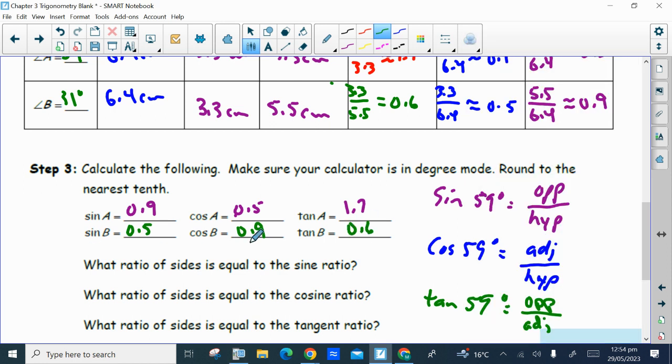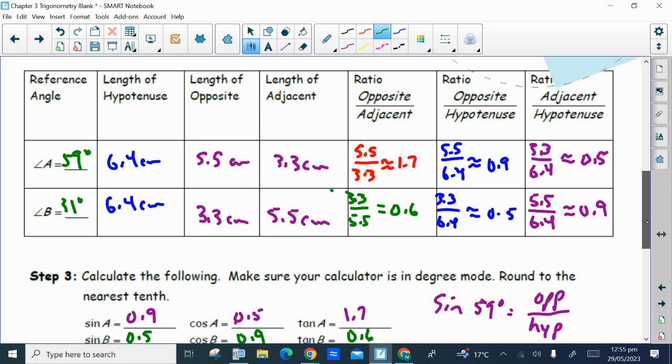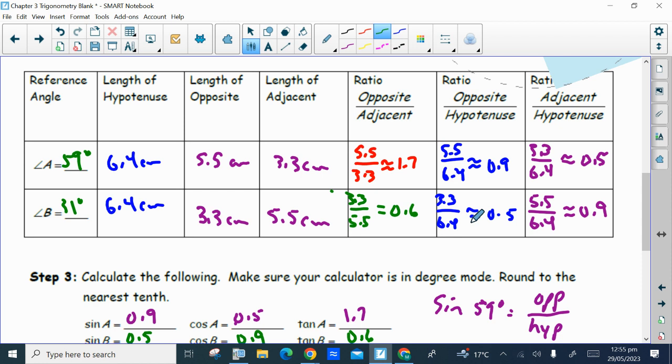So if we compare these three decimals to the decimals we have for the angle B row, 0.5, well, we got 0.5 by again dividing the opposite by the hypotenuse. That gave us the same decimal for the sine, which matches what we did for the sine of 59. We divided opposite by hypotenuse.